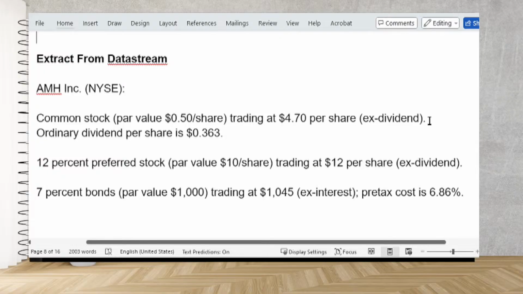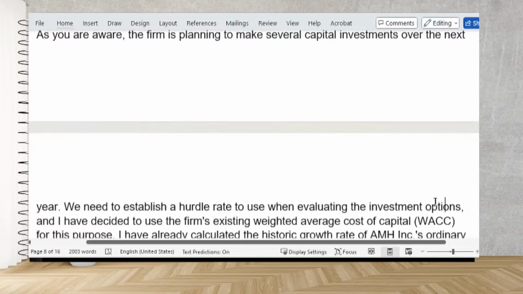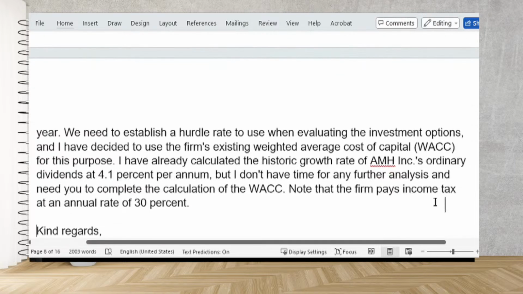Here you do not require to calculate it because they already gave the pre-tax. So 6.86, and I just need the tax rate to reduce it.